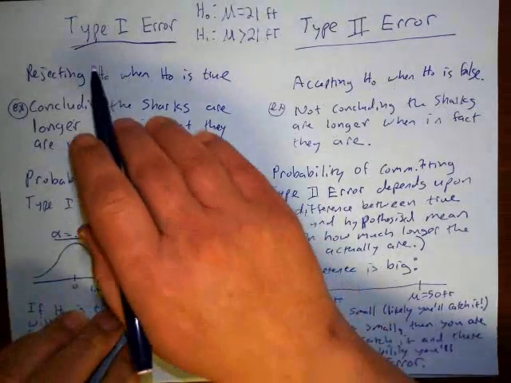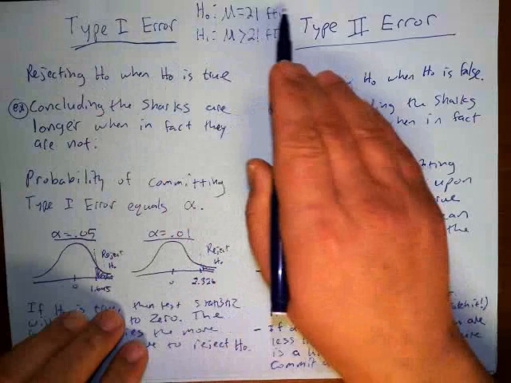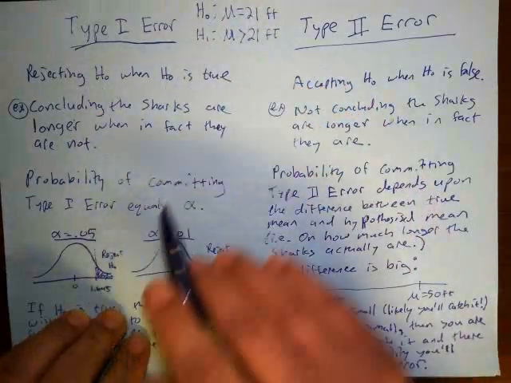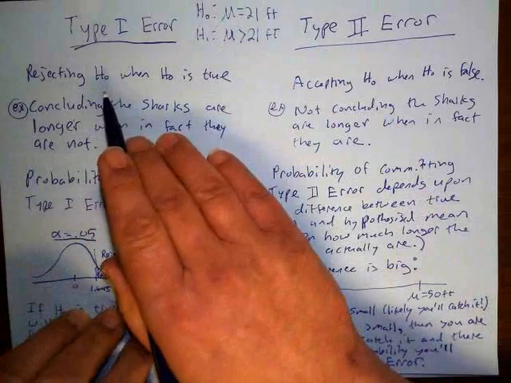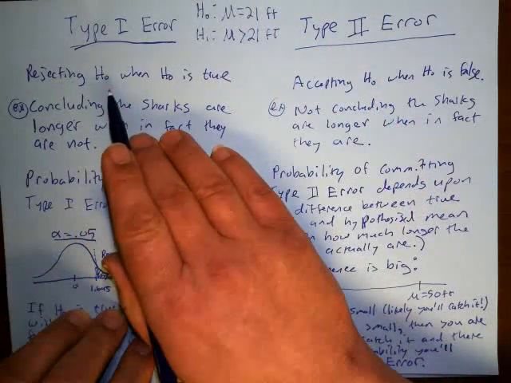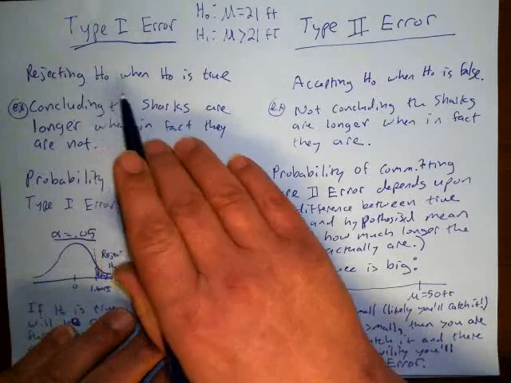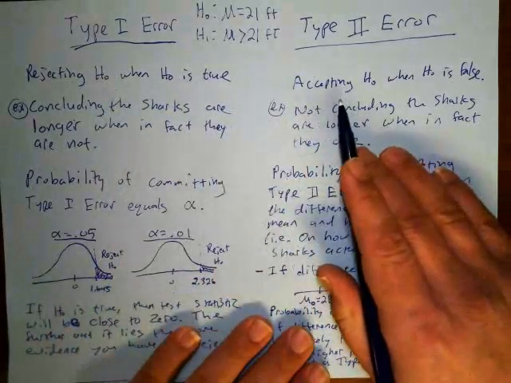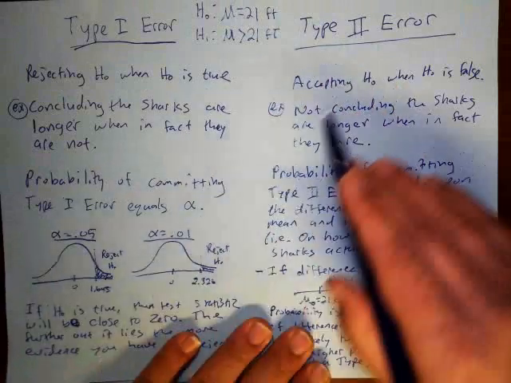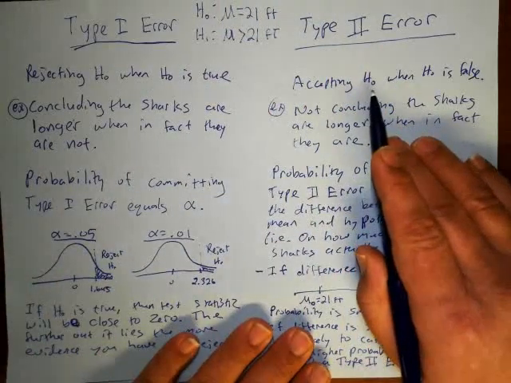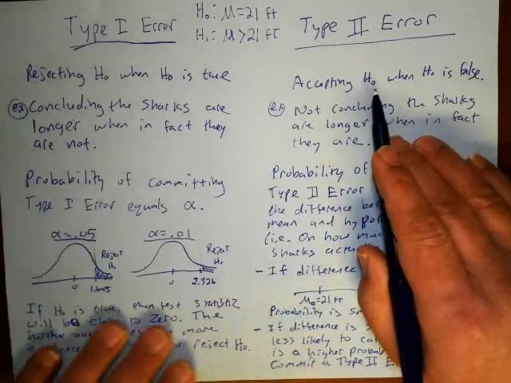The type 1 error would be rejecting their innocence and concluding they're guilty when in fact they're innocent. So the type 1 error is condemning an innocent person. The type 2 error would be accepting their innocence when in fact they're guilty. So this would be acquitting a guilty person. That's another way to think about this.